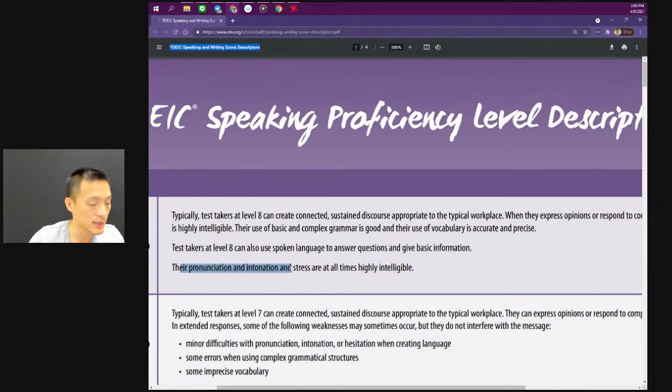And notice this, again, pronunciation and intonation are at all times highly intelligible, right? So make sure you go in with good pronunciation and intonation, which you should have been practicing, right? Because I told you to practice last week, and we all get things done around here. So your pronunciation and intonation should be very highly intelligible, right?